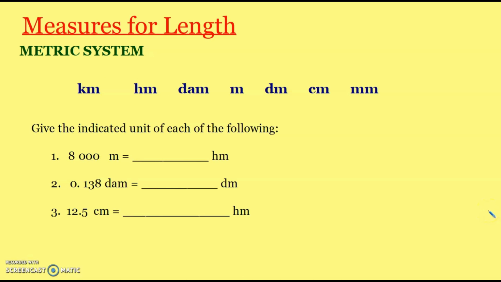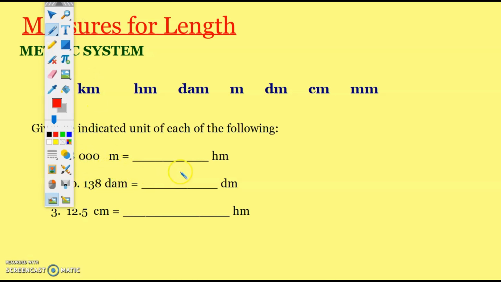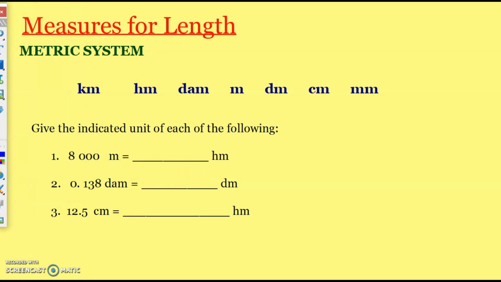Okay. So now we're given these examples to work on. In the first one, we have to convert 8,000 meters into hectometers. Using our metric converter, you have to identify where the given unit is.